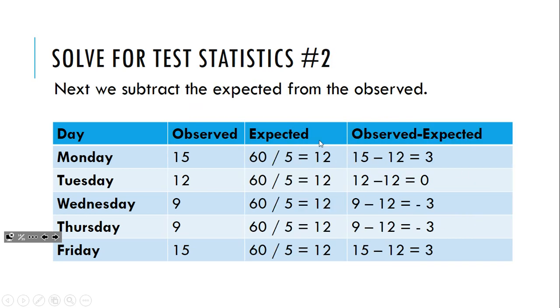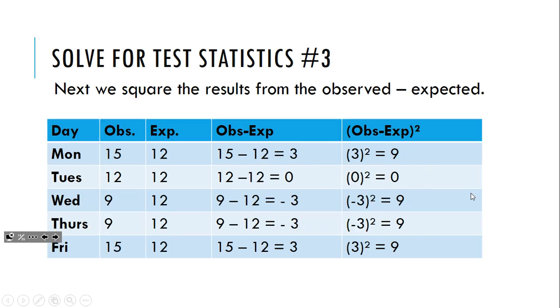So we go ahead and take those observed minus the expected. The first one, Monday, 15 minus 12, is 3. There are 3 extra days here. Wednesday is minus 3 because there are 3 less than expected. So we take those observed minus the expected and we square them.